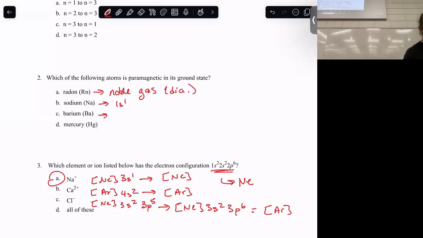Barium is 6s2. What is that one? That's diamagnetic. And then mercury is 6s2, 5d10. That one's also diamagnetic, so B for that.